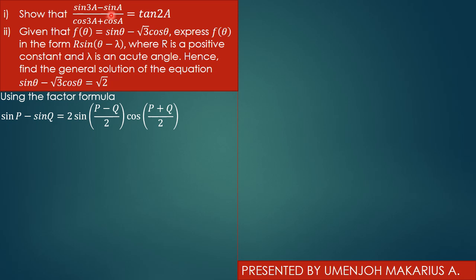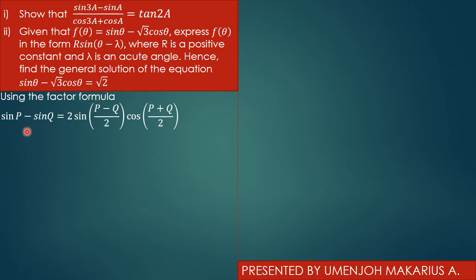That is because the sin A that we have here is a negative, so we also need a negative. That's why we are using this version of the formula.